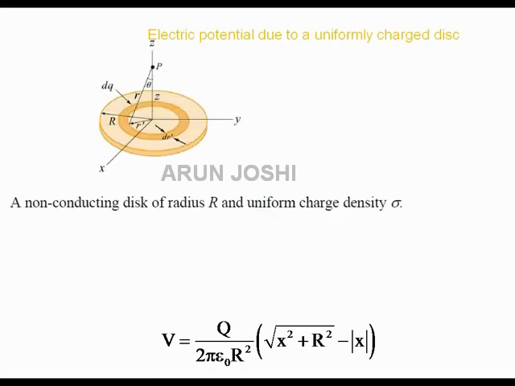So this is the expression. Of course we have discussed, again I am showing it. There are two formulas, one in terms of sigma, another in terms of q. Any formula can be utilized.